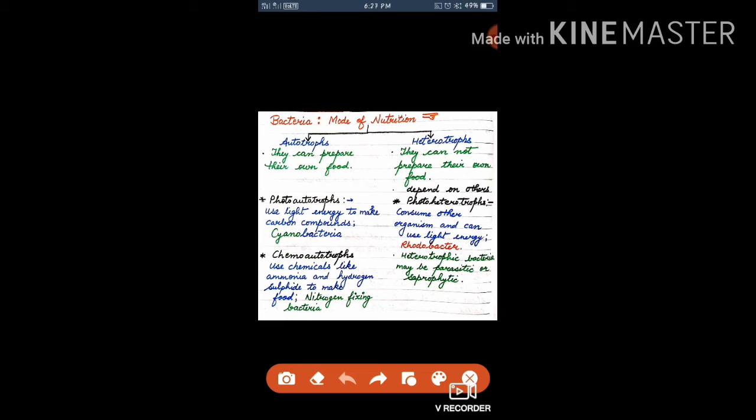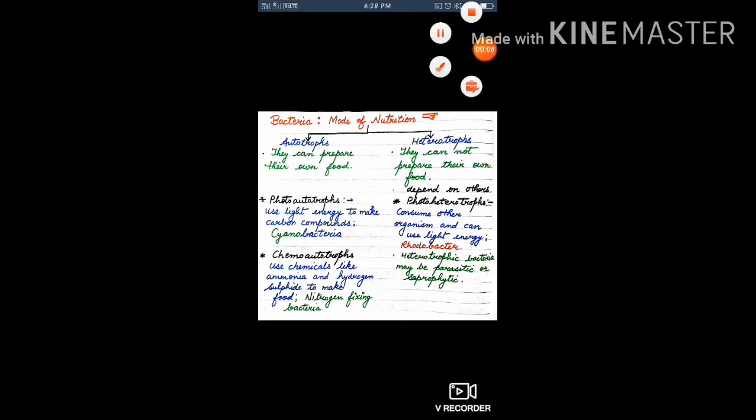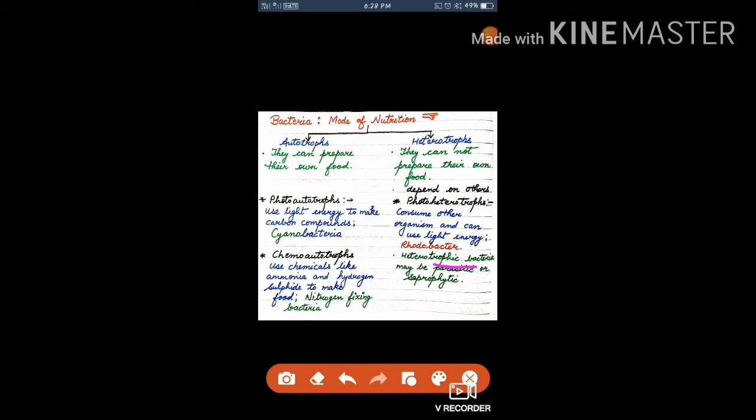But on the other hand, heterotrophs: hetero means depending on others and trophs means food. So these bacteria cannot prepare their own food. They depend on others. Heterotrophic bacteria may be parasitic and saprophytic.